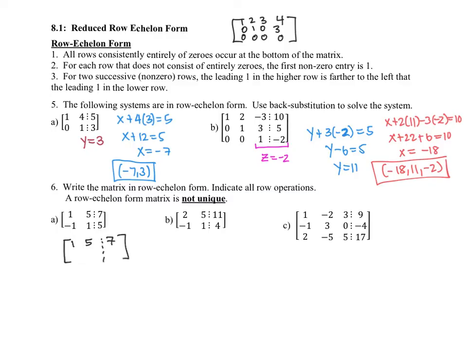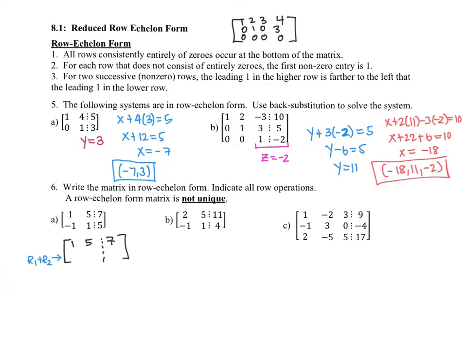Okay, now for this second row, I want to think, how can I get a 0 here using elementary row operations? One way to get a 0 would be to add row 1 plus row 2. I'm going to show that I'm adding row 1 plus row 2, and then write the resultant here.